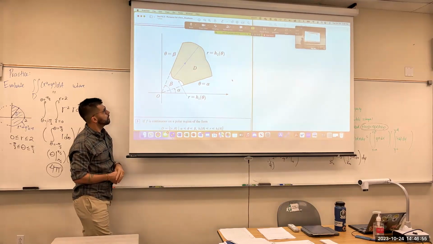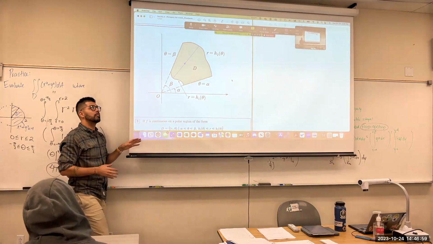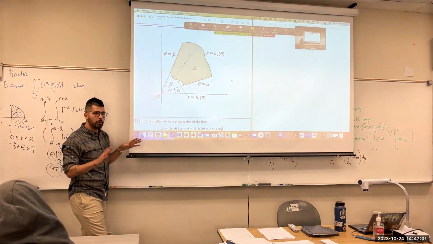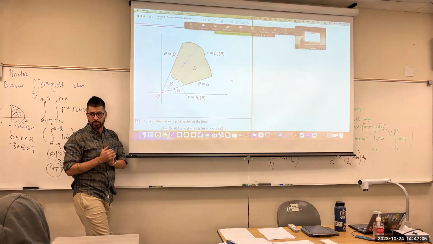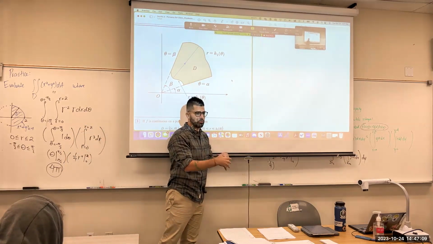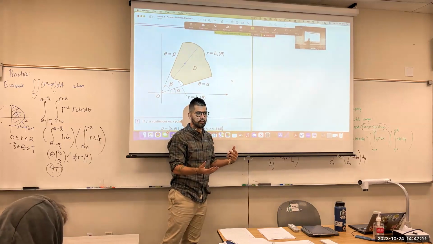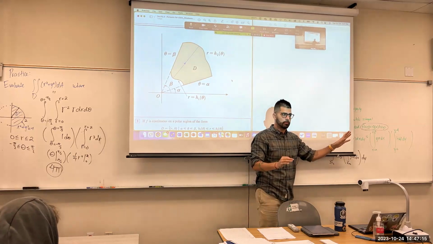And I can have the upper bound for R expressed as some other function of theta. And so, luckily, for the problems I gave you on the homework, your theta will be bound by scalars, always, okay? But there are also more complicated ones where R isn't always bounded by scalars, which they might sneak in in chapter 16, okay?